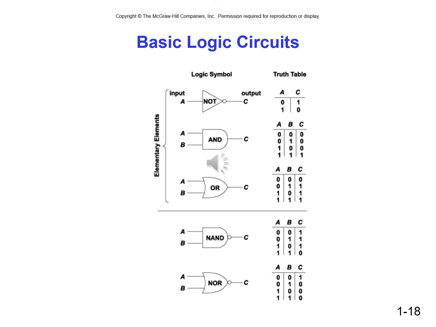First is a not, and then you have the truth table. Not is a unary function, uni as in unicycle, okay? So we have A as the input, C as the output. Unary, one single input. Not turns a 0 into a 1 and a 1 into a 0. It negates.